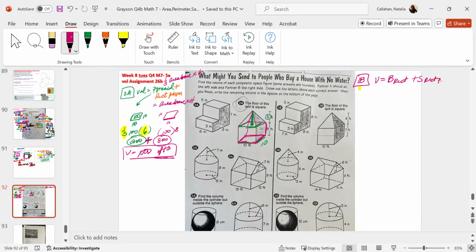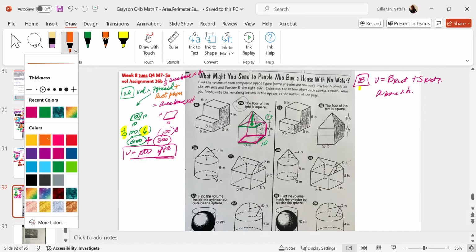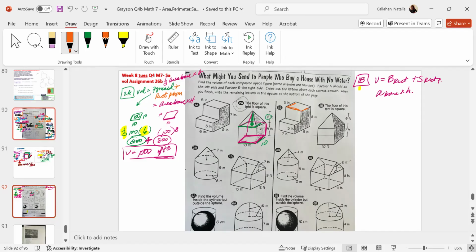Okay, let's go ahead and take a look at the big rectangular prism. Rectangular prism, you are going to use the area of the base times the height, correct? Now, with this one, you're going to have to try to imagine what the base is. Can you agree that the base is going to be exactly the same as the top part right here? Yes.